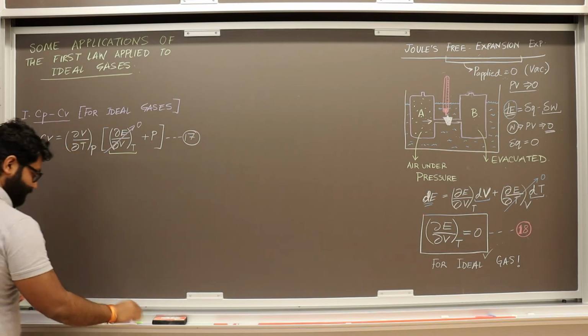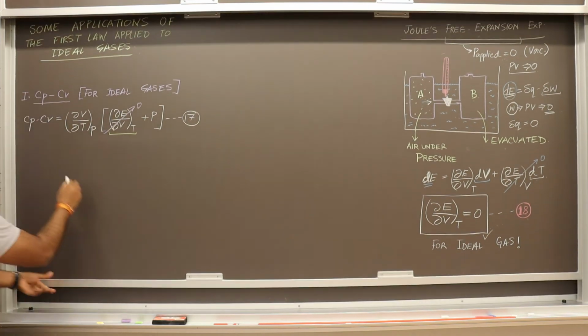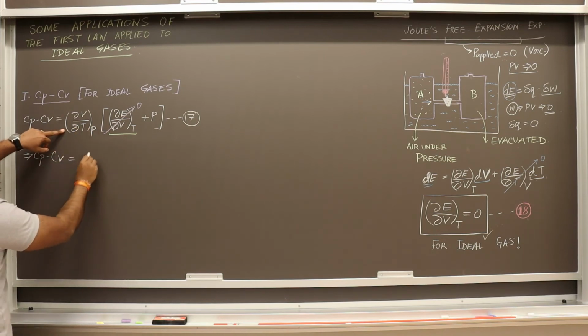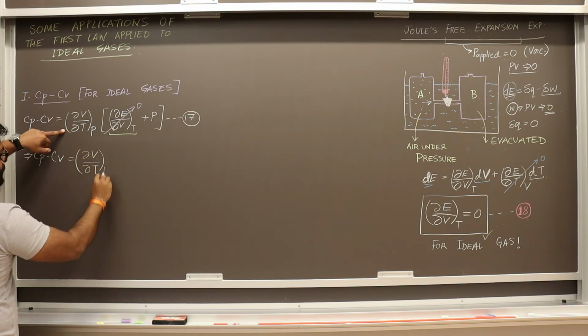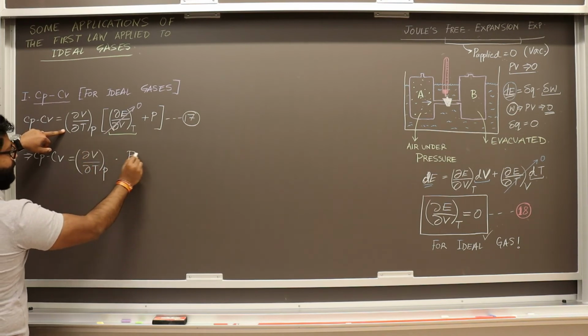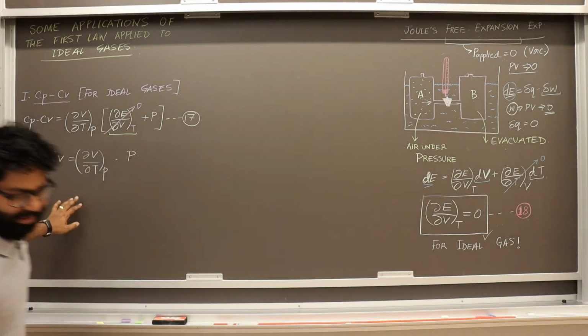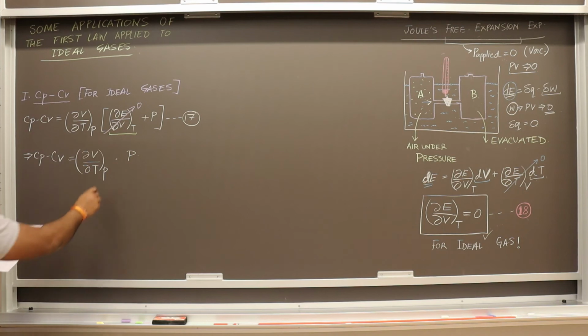This term becomes 0. What do we get outside this? Cp minus Cv, simple, this term, del V by del T at constant P, times P. Now, our job is to find out what happens for the gas in here.